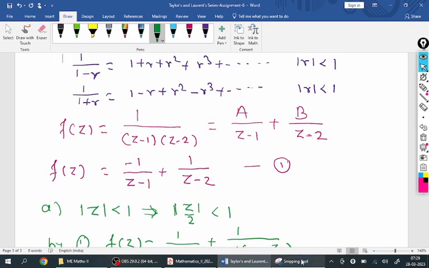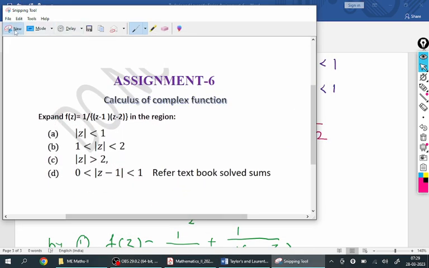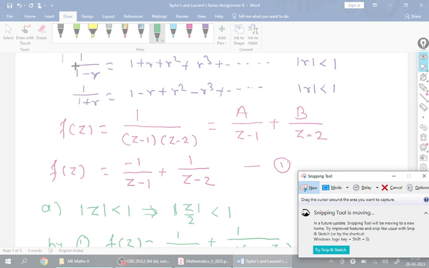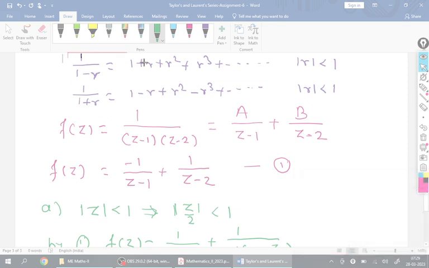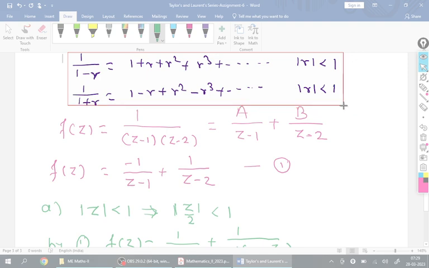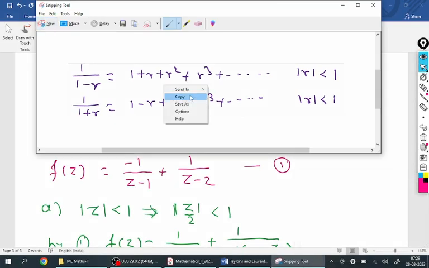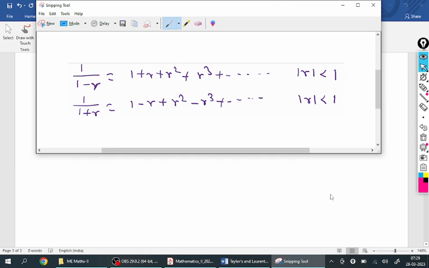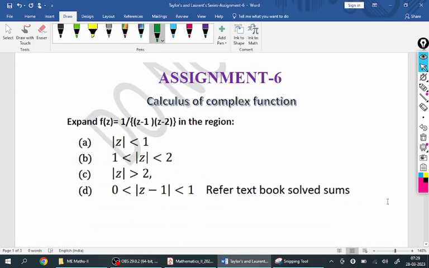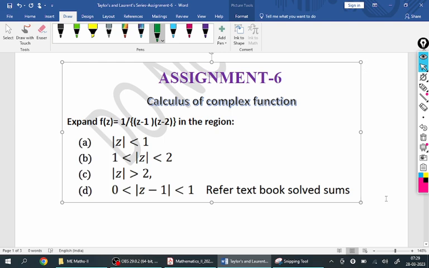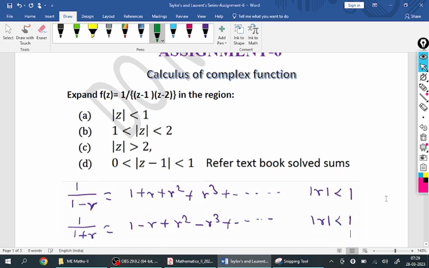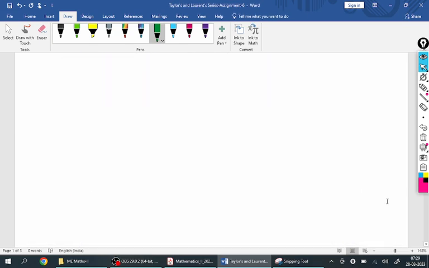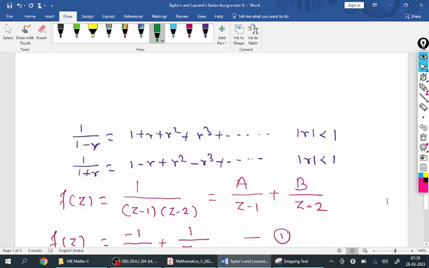And now let me shift whatever I did at the beginning to the top. So these are the formulas. Just a minute. I should do that at the beginning only.